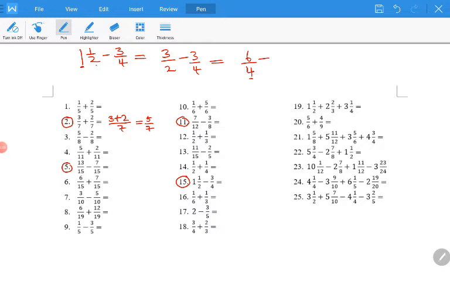Minus, here we don't have to change anything because we already have 4 as the denominator. So minus 3 over 4. So this is similar to writing 6 minus 3 over 4, which is equals to 3 over 4. So the answer here is 3 over 4.